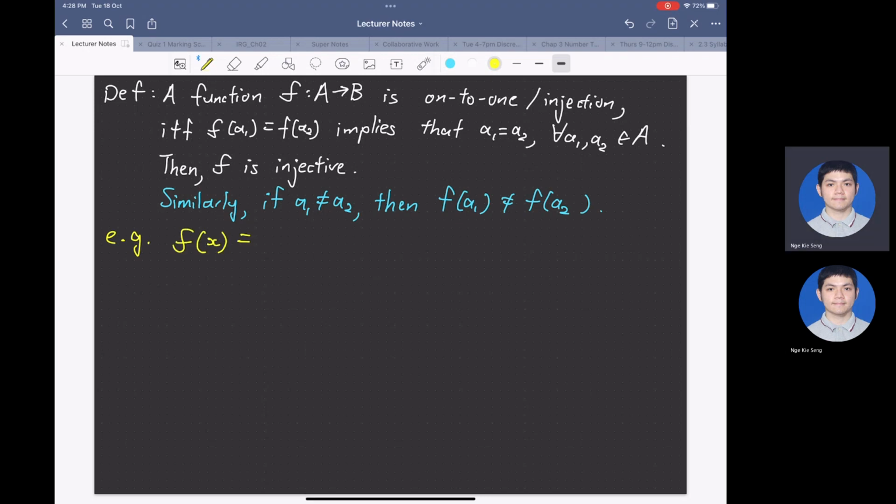So f(x) equal to x squared is not injective. Yeah. Why is it not injective? Any idea?